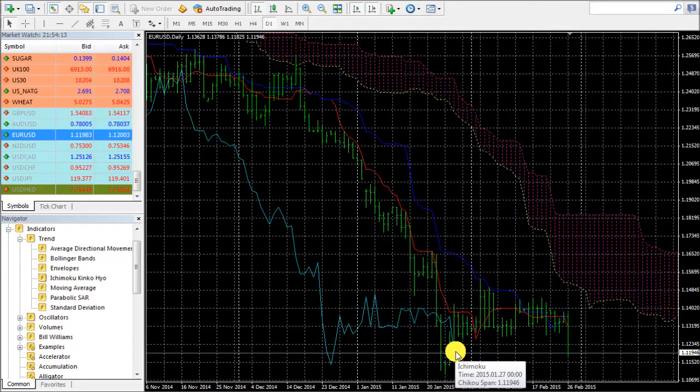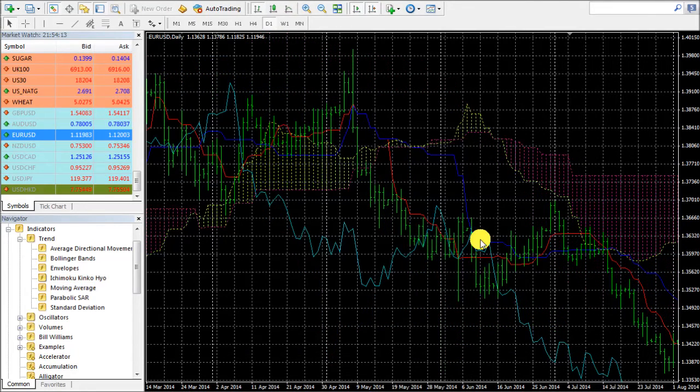Each of these elements of the technical indicator can be used for various signals, so there can be a lot of potential interpretations. However, I will summarize the main signals for each element. The blue conversion line is an indicator of the market trend. If the line is moving up or down, it signals that the market is trending, whereas if it moves horizontally, it signals that the market is ranging.